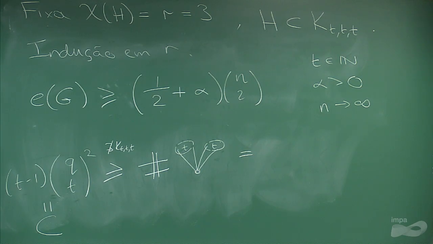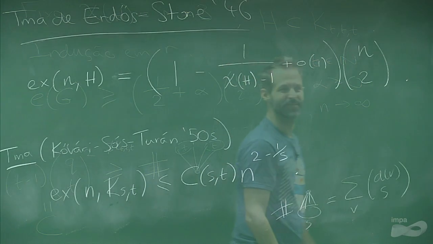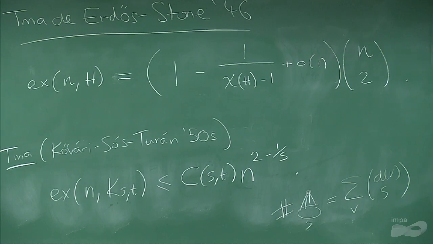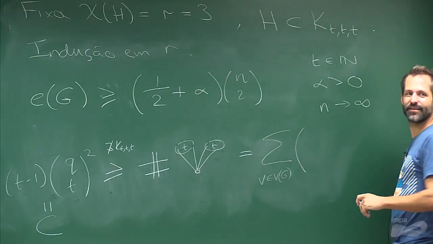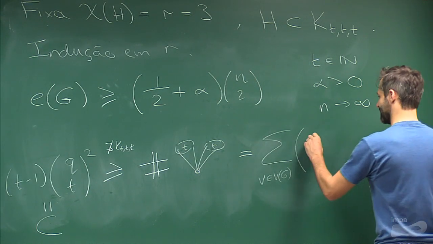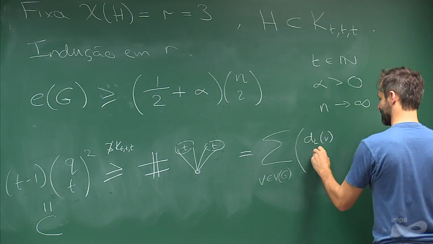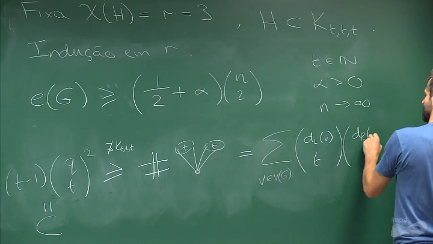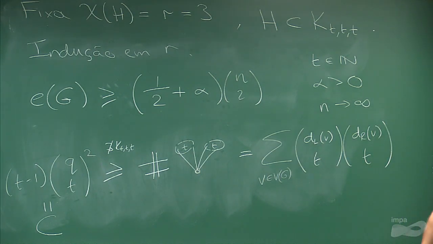Yeah, exactly. So I want something like this. You define d_1 as the degree going to one side and d_2 to the other side. Then it's the sum of d_1 choose t times d_2 choose t. There you go. I call it d_L and d_R, the degree left and degree right.